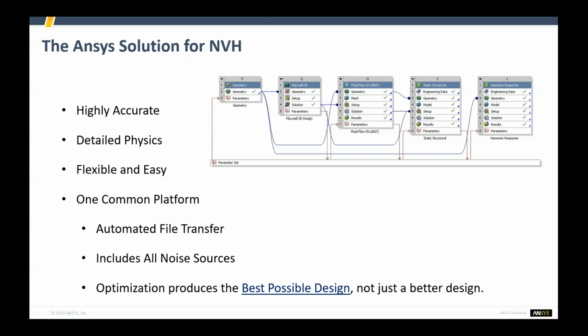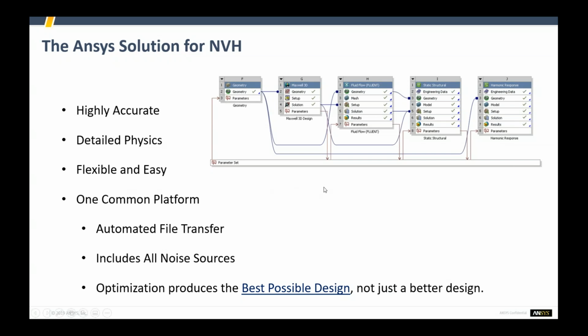This is all contained within the Ansys Workbench platform. So some of the advantages of using Ansys solution for NVH would be, it's highly accurate, it's detailed physics, which means it's physics-based simulation. It could also be flexible and easy to generate the models.